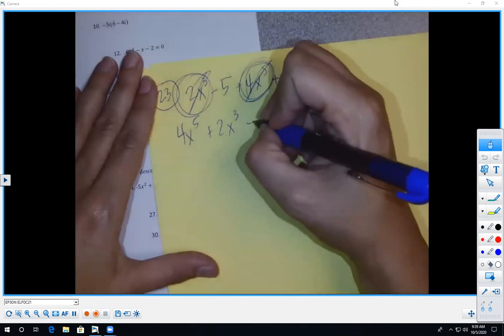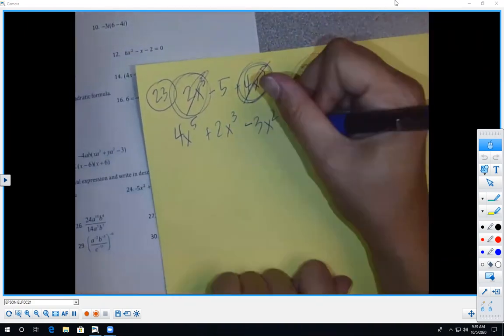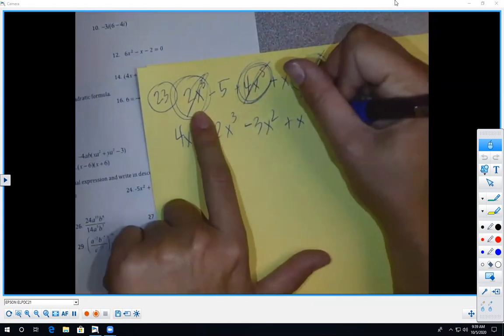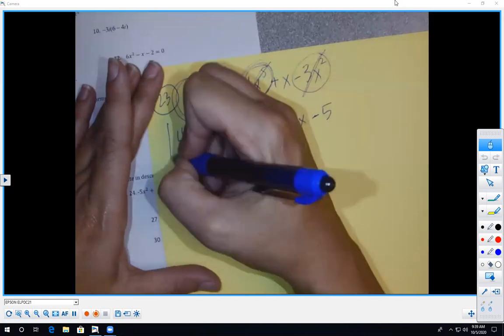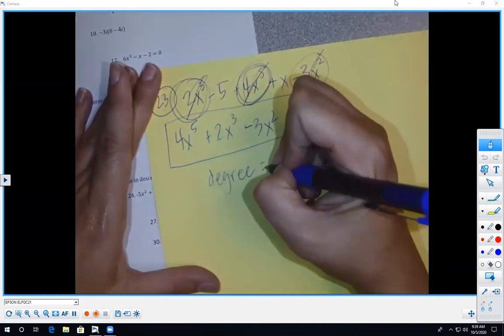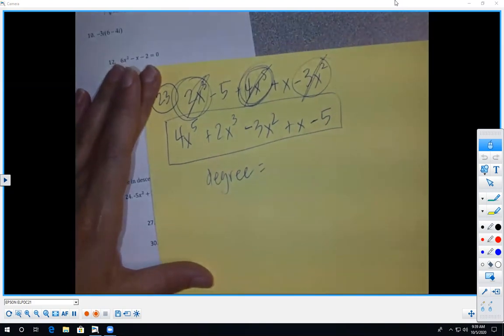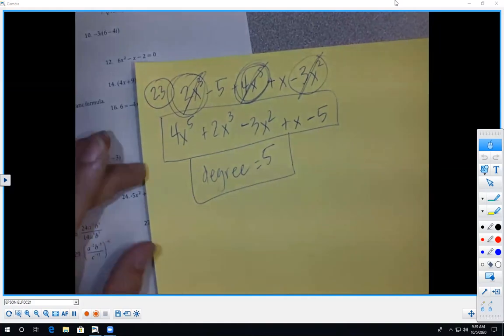Minus 3x squared. And then just the x, so plus x, and then minus 5. That's descending order. The degree is the highest exponent. What's the highest exponent here? 5. So the degree is 5.